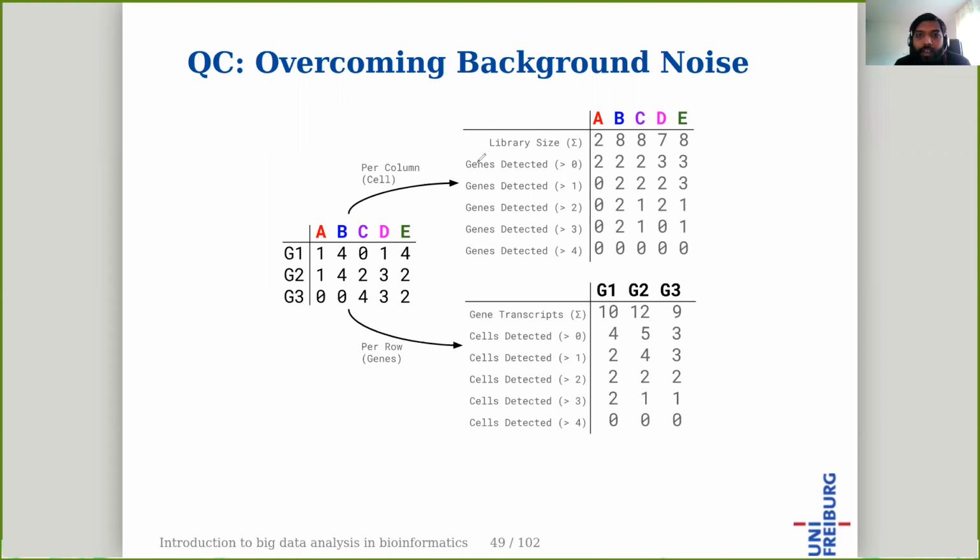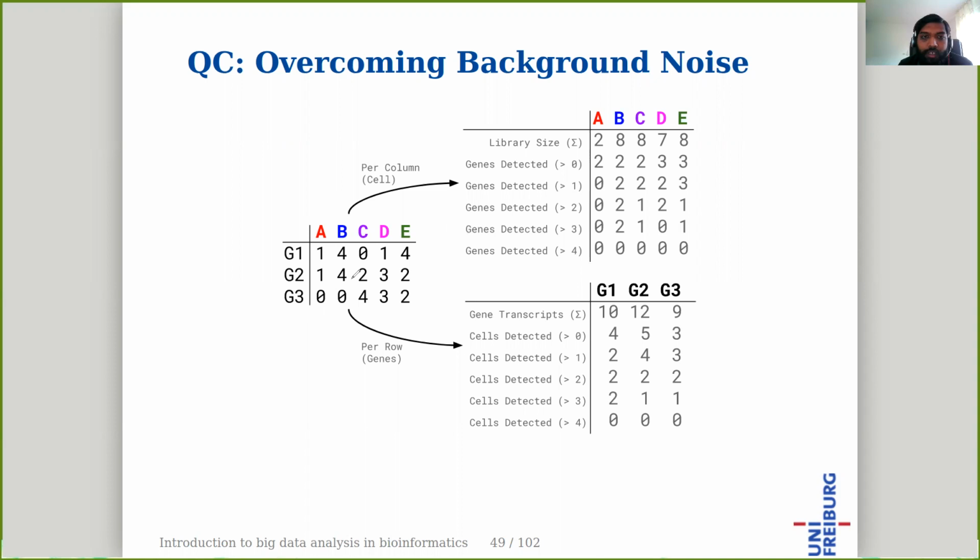And then we see at each threshold how many genes we detect per cell. At greater than 0, at least 1 read per library. In this case, for cell A, we detect these 2, but not these 3, because they are equal to 0.